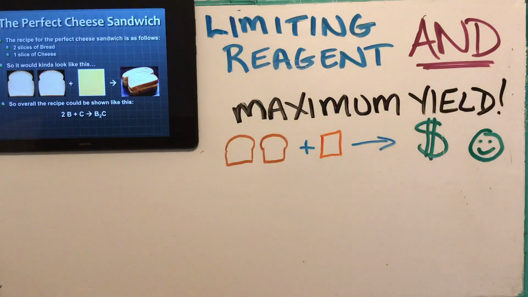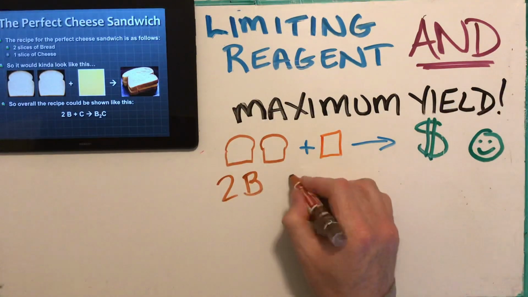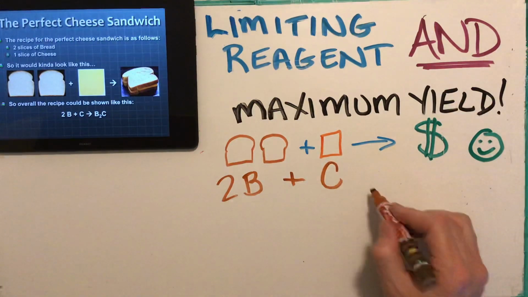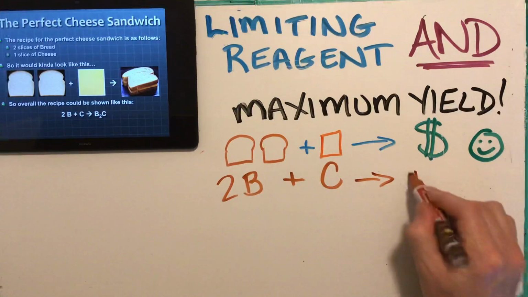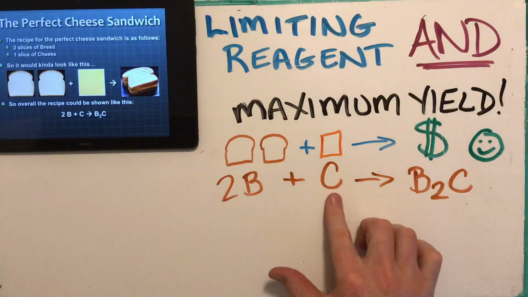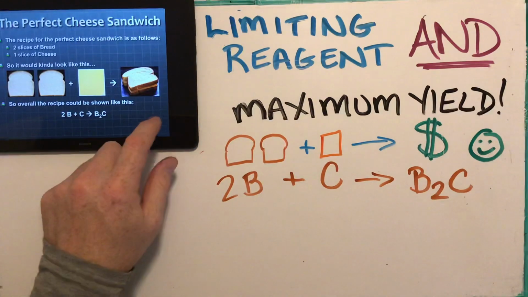It would be 2B plus 1C, I don't have to show the 1, and my sandwich would be B2C. This compound would be the sandwich. There's my slice of cheese, there's my 2 breads. No big stretch of the imagination. In terms of chemistry, this is my recipe, or chemical equation, to make a cheese sandwich.